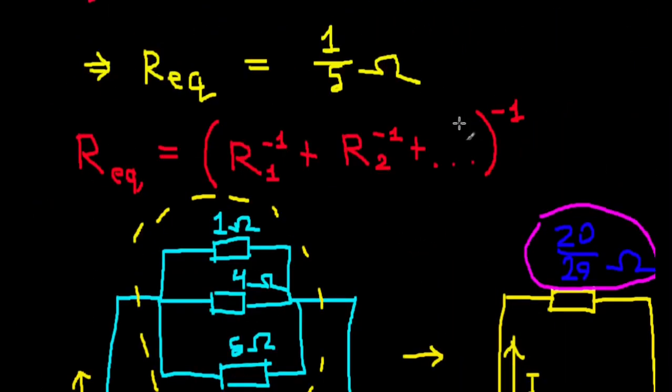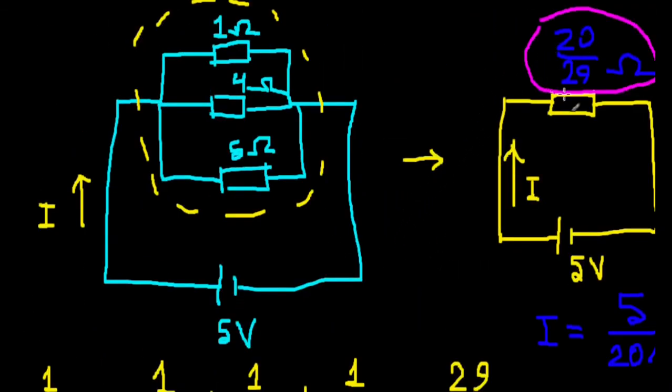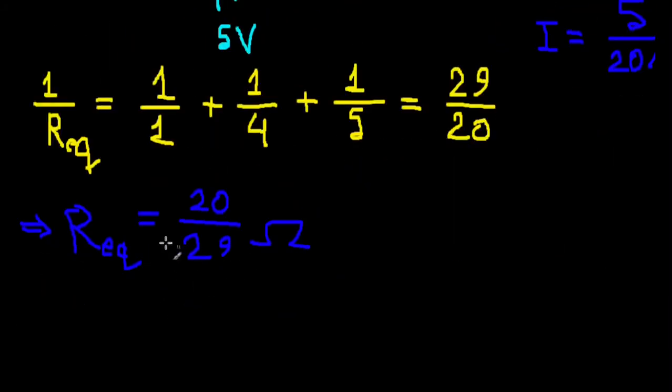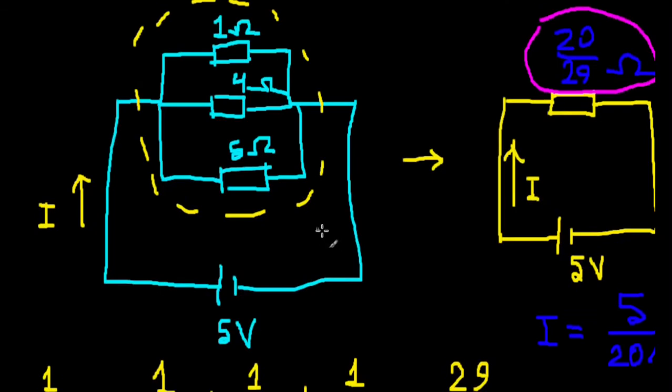But that is generally true, provided you don't have something like a short circuit, which we'll talk about in a bit. A series combination is going to have a higher resistance than a parallel combination.